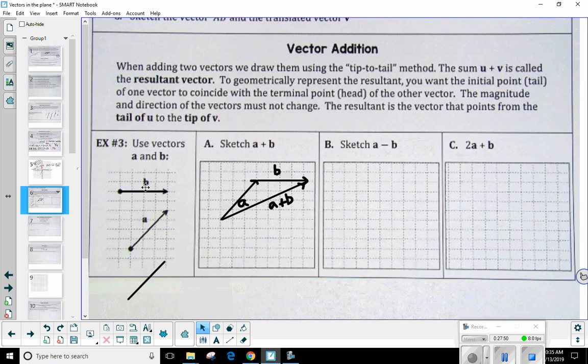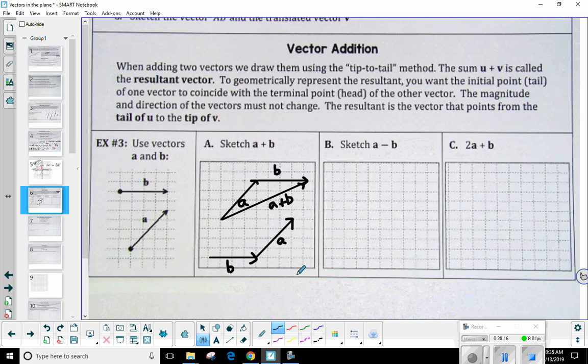I'm going to take this guy right here. Okay, let's say I put him right here. So that B is right there. So I'm going to take A, again, same direction, same deal. So its initial, I'm going to put on the terminal of B. So that A's terminal is right here. And I like to use what's called the triangle method.